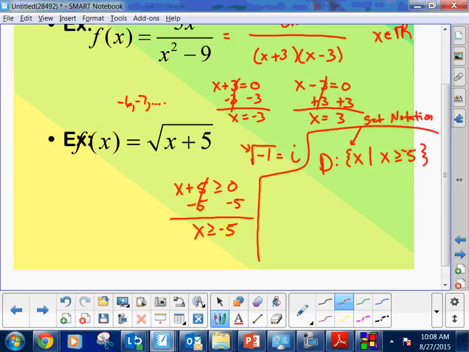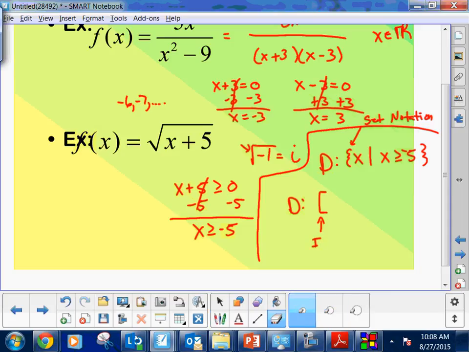Interval notation is one that some of y'all have seen already. Interval notation actually deals with inclusions. When you write interval notation, it's writing the same thing. A bracket means included. So when I write down a bracket, this is included.